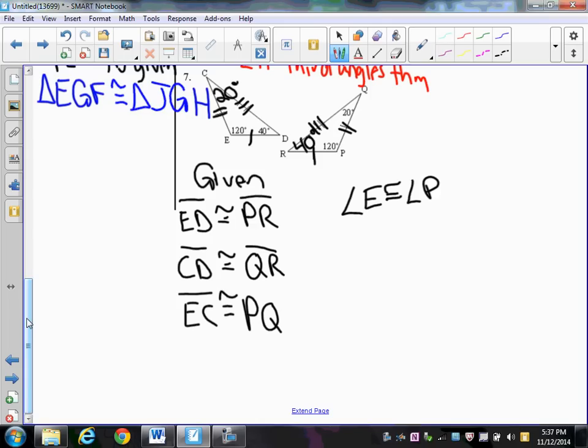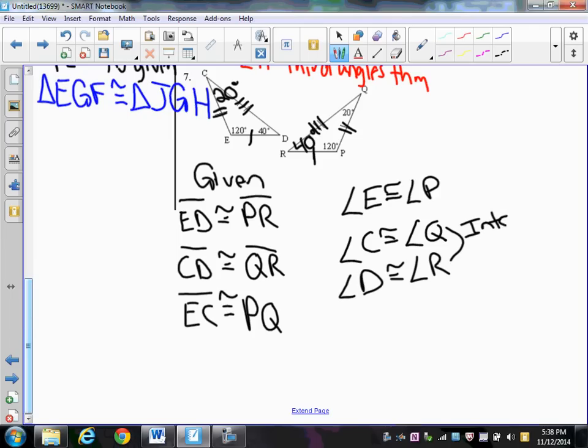So whenever I do that, I know angle C is congruent to angle Q, and that angle D is congruent to angle R. I got these two by the interior angle sum of triangles.